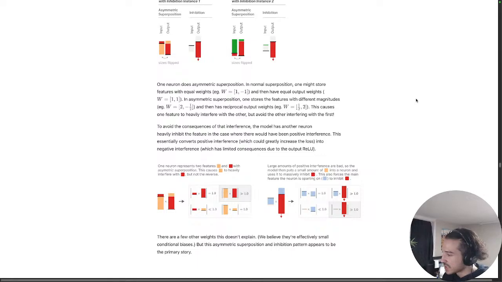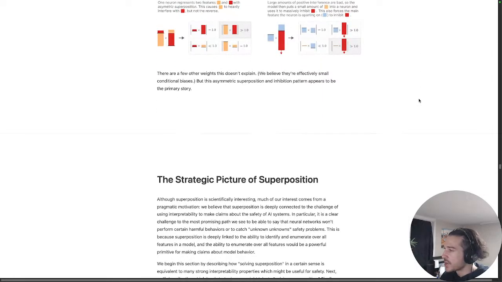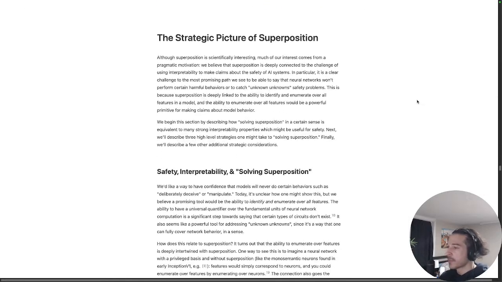The very slight tan times the medium blue is less than 1, and the very slight negative tan times the very large negative red is greater than 1. There are a few other weights this doesn't explain. We believe they're effectively small conditional biases, but this asymmetric superposition and inhibition pattern appears to be the primary story.